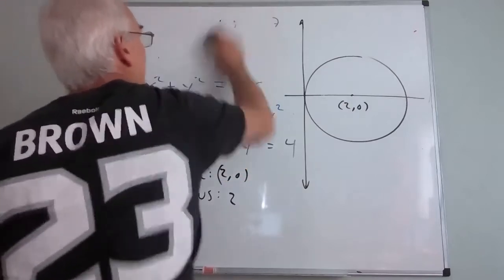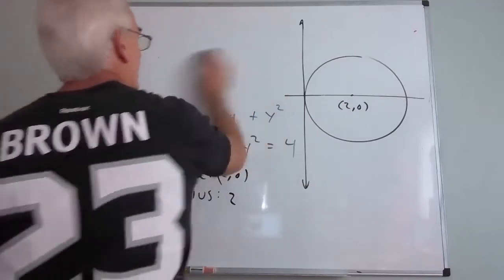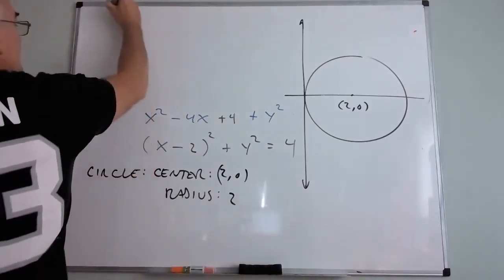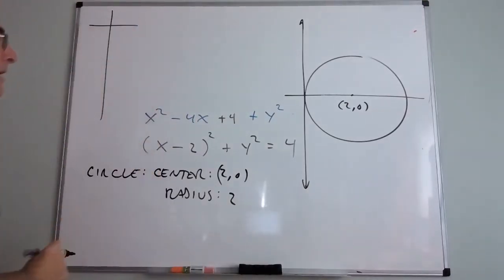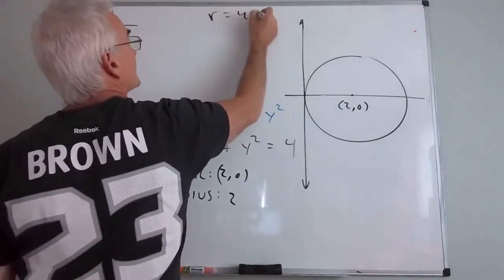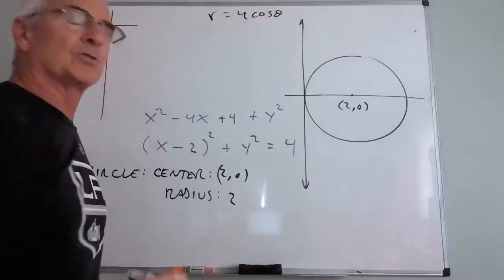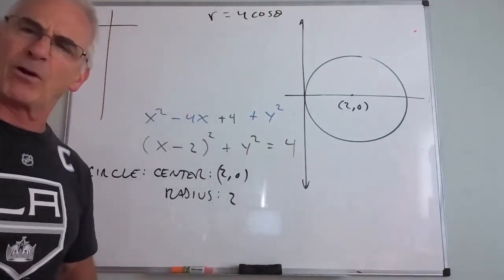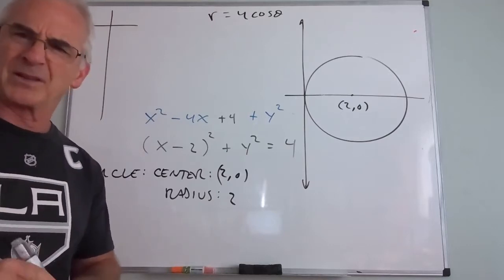Could I have figured that out a different way? Yeah, I'm going to show you. What if I actually make a table of values? Now, let me go back to here. R equals 4 cos theta. Do I introduce the R and figure out the theta, or do I introduce the theta and figure out the R?